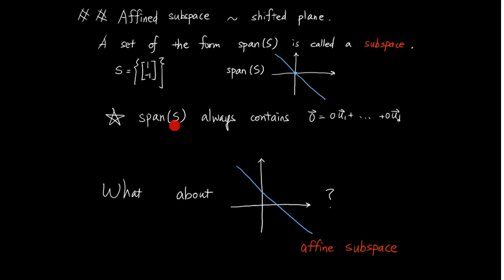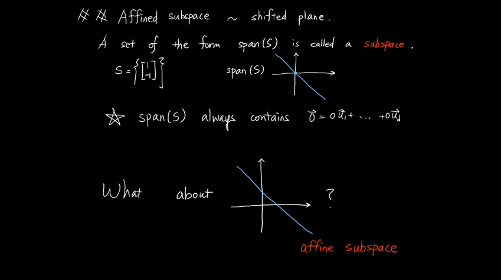So whichever S you give me, I always have 0 in the set. This means that a subspace is a straight line passing through the origin. It could be in another direction, but it always passes through the origin.